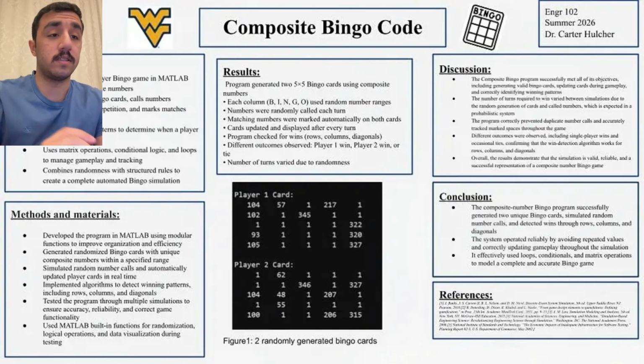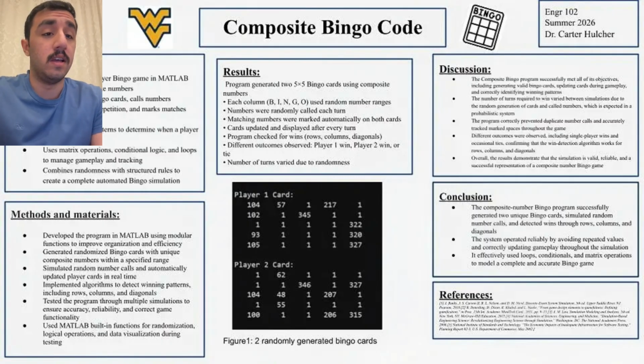In the discussion section, it was stated that the composite bingo program had been successful in meeting all its objectives. The program could create valid bingo cards using composite numbers, update the card as the numbers were called, and identify the winning patterns correctly.